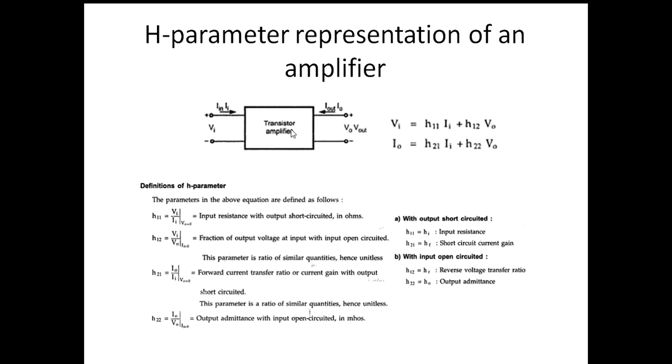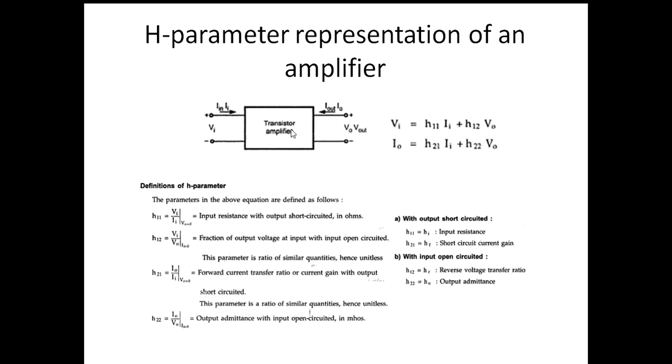Now the H parameter equations become: Vi is equal to H11 Ii plus H12 Vo. Similarly, Io is equal to H21 Ii plus H22 Vo.